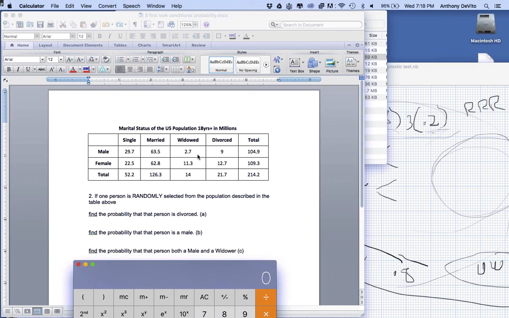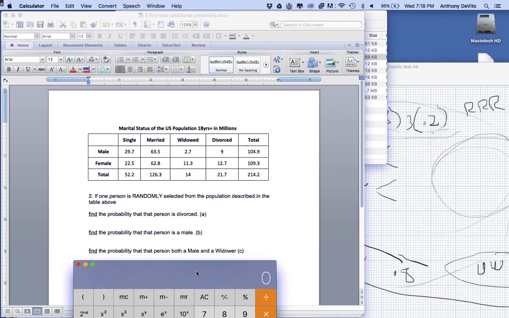So the union would be 104.9 plus 11.3 added together, divided by 214 million. I'm guessing that would be around 55% or something like that. I'll leave it to you guys to actually do the calculation and figure that out.